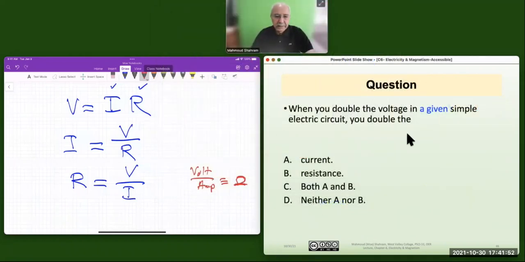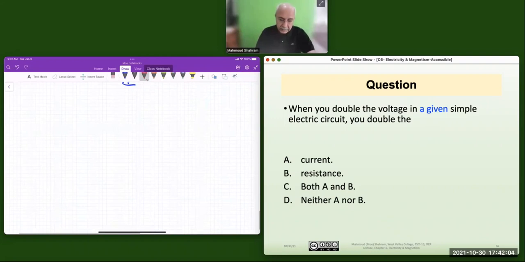So let's ask this question here. When you double the voltage in a given simple electric circuit, you double the what? Notice, you have a circuit, and let's say there's a resistor here, and if this is V, and you make it 2V, what happens?